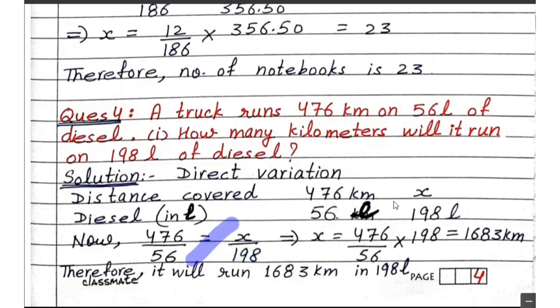So after doing cross multiplication, the answer is 1683 kilometer, right? Since the liter of diesel is increased, the kilometer is also increased. So therefore, it will run 1683 kilometer in 198 liter of diesel. I hope it is clear to everyone now.